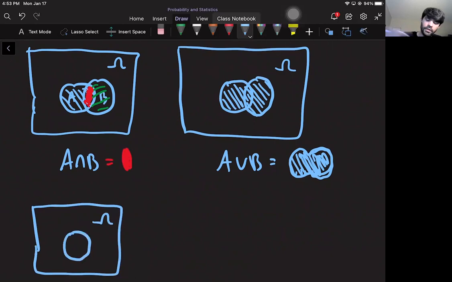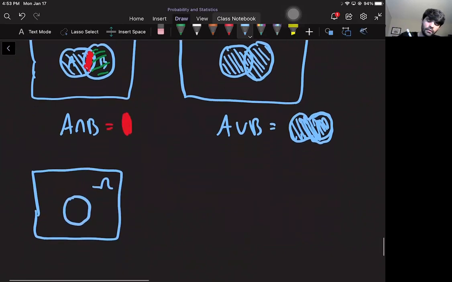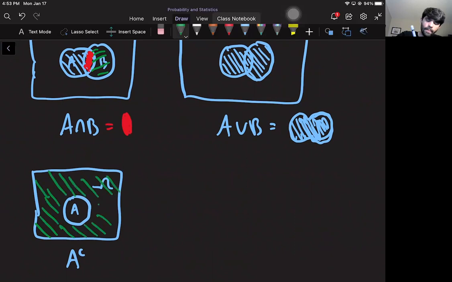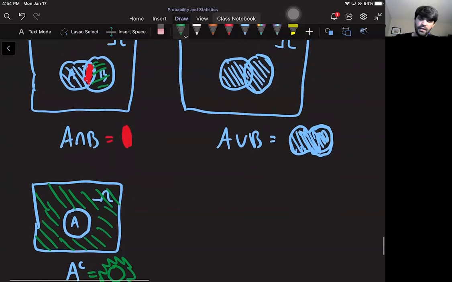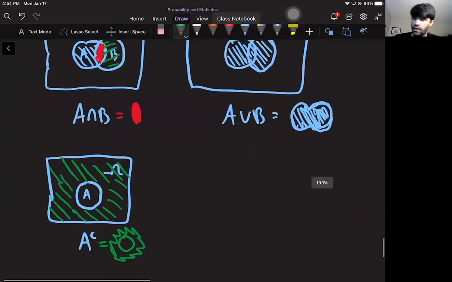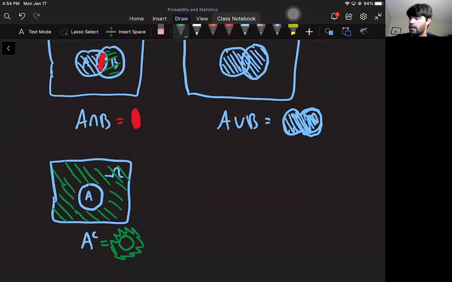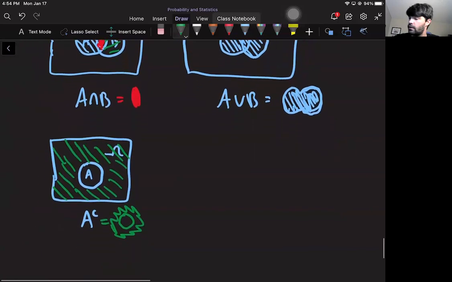So I don't really need two sets if I'm just doing the complement of one thing. So if that's A, then what's A complement? It's just everything not in A. So it's all this stuff shaded. It's all that. And then B complement would look the same basically. So those are how we can visualize the operations that we learned.